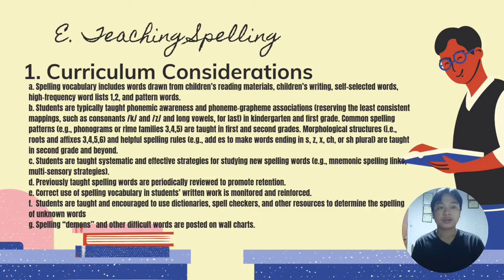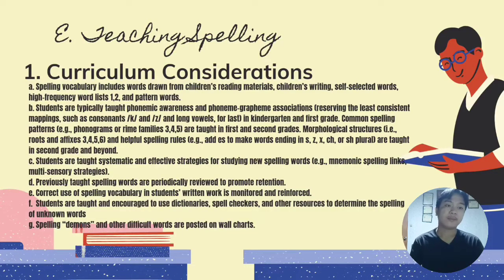Morphological structures, for example, roots and affixes. An affix is a word part that can be added to a root word or base word to add a new meaning. For example, in the word conforming, con is the prefix and ing is the suffix, while form is the root.